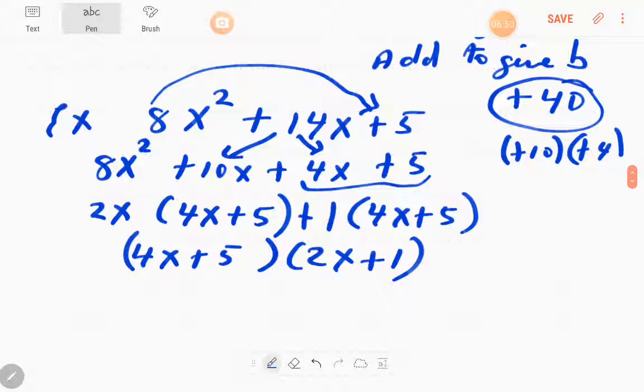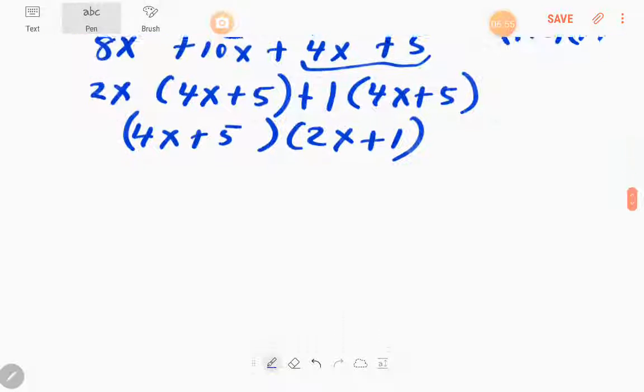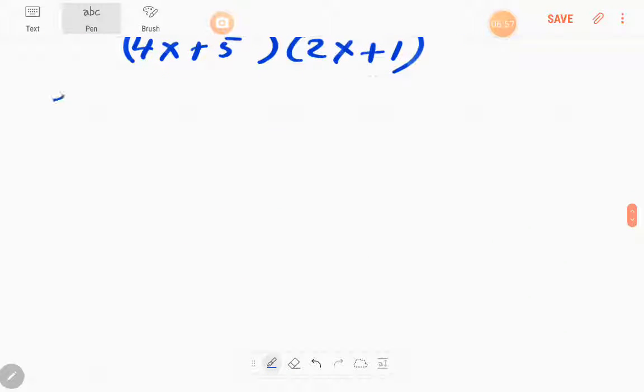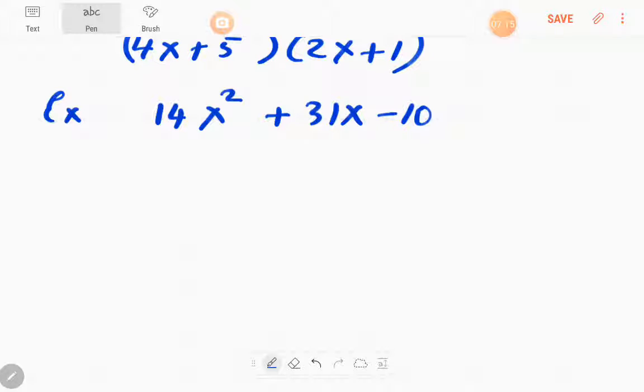Okay, let's look at one more example. Let's say, for example, we have 14x squared plus 31x minus 10. So here we'll multiply a times c, so 14 times minus 10, that gives me minus 140.